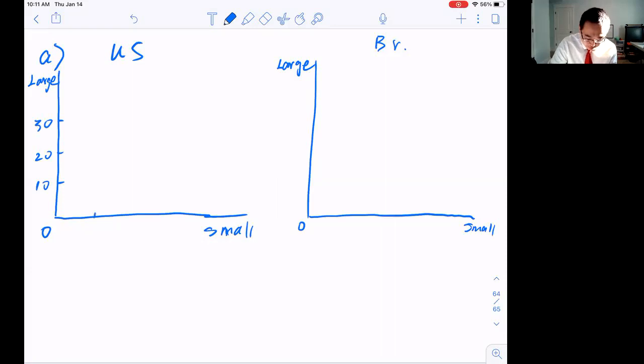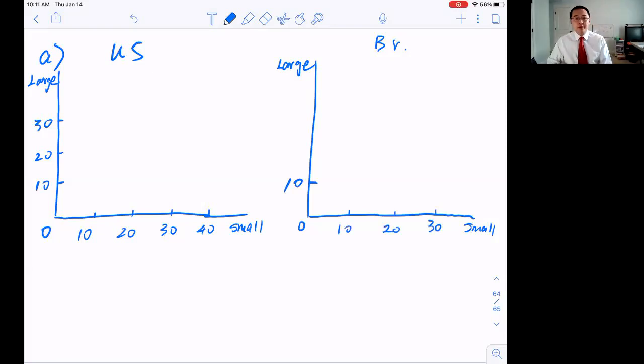And small airplanes, we can make up to 40. And for Brazil, the most they can do is 10 large, and the most they can do with small is 30 small, okay?